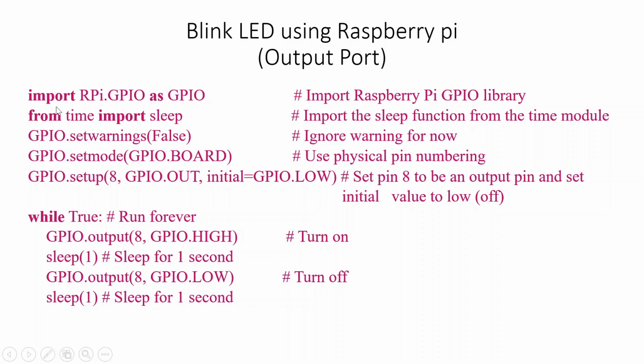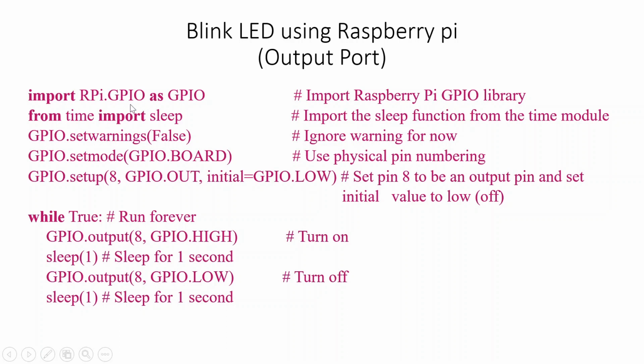See, this is the first import statement in this blink LED. The normal logic for blinking the LED is that first we give high to the output pin of the LED, and then we give low to the output pin of the LED.